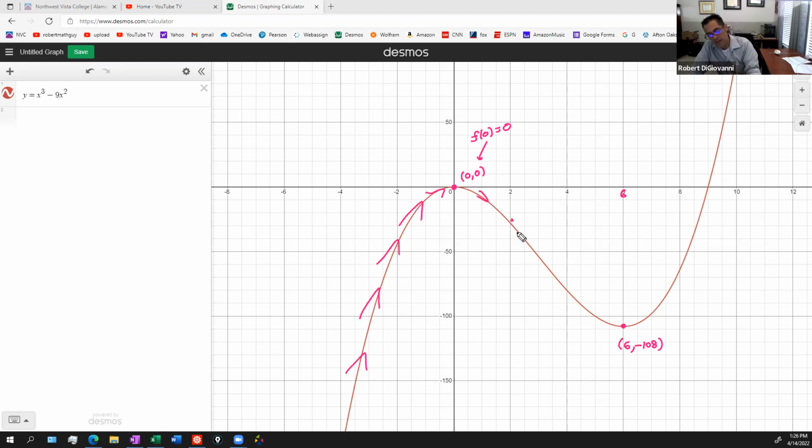Then it's going to decrease until we get to 6, and then it will begin to increase again. We could figure all of that out by figuring out the critical numbers and then running a test on the first derivative to see where it's going up and down, and then putting it all together. Okay.